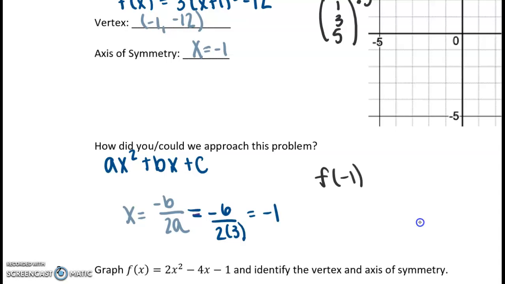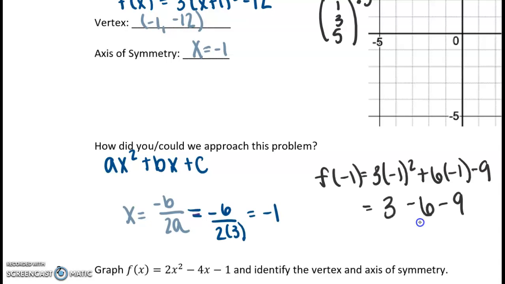So f of -1 equals 3 times -1 squared plus 6 times -1 minus 9. -1 squared is 1, times 3. I've got 3 minus 6 minus 9, which takes us to -12. So I can also find my vertex by doing the opposite of b over 2a, and we'll do it both ways here.